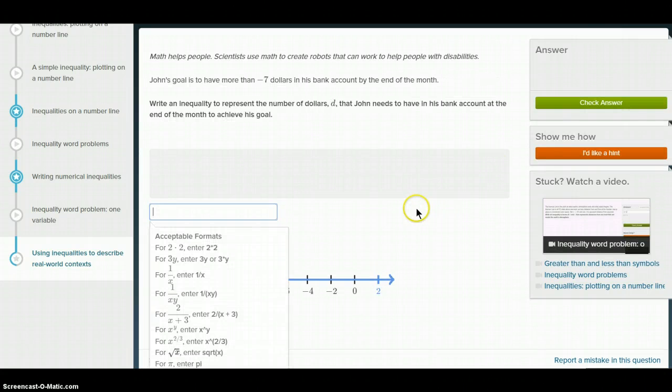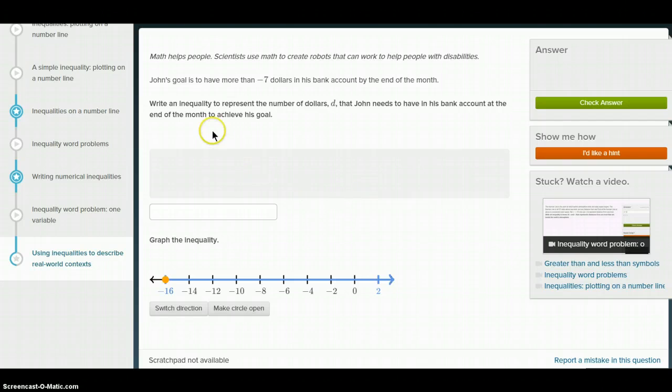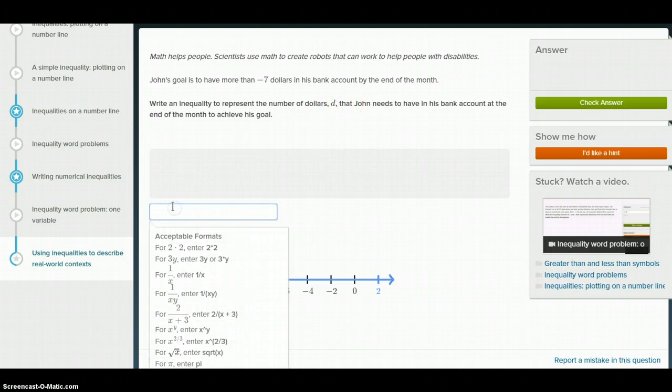Okay, let's do one more before we get bored with these. John's goal is to have more than -$7 in his bank account by the end of the month. That's pretty sad. Write an inequality to represent the number of dollars, D, that he must have in his bank account before the end of the month to achieve his goal.